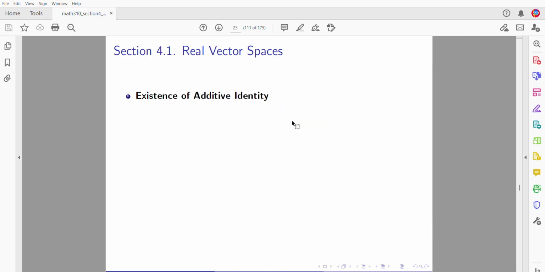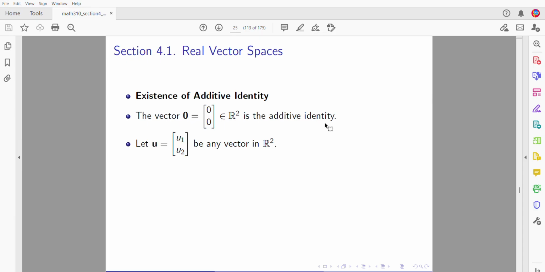Now, let's look at the next property, existence of additive identity. The zero vector, that is (0, 0) in two-dimensional R space, is the additive identity. What does additive identity mean? Let vector U be (U1, U2), any vector.